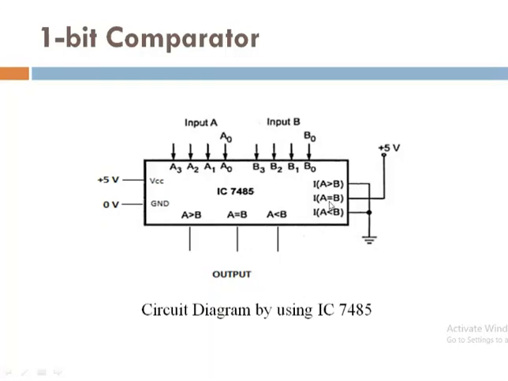And the third cascading input, A is equal to B, should be connected to VCC. These are the required connections for the cascading input: A is greater than B and A is less than B should be connected to ground, and A is equal to B should be connected to VCC. So this is the circuit diagram of your 1-bit comparator with the help of IC 7485.